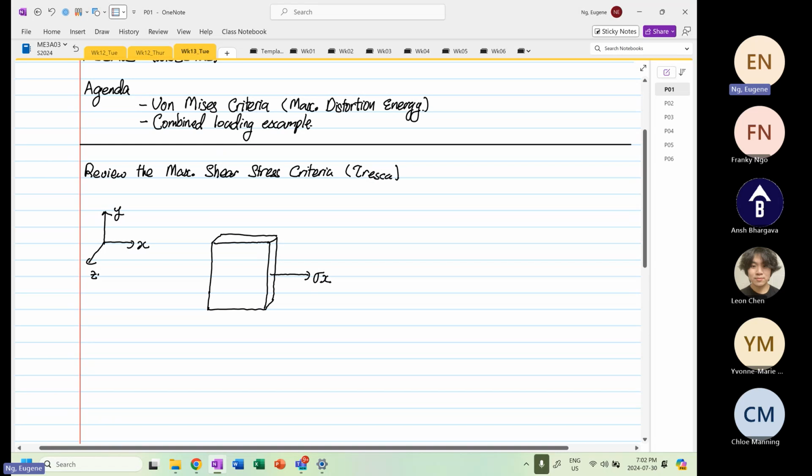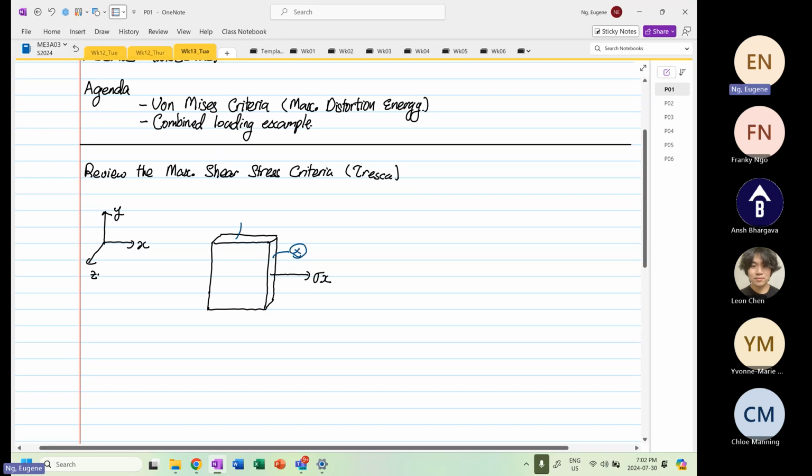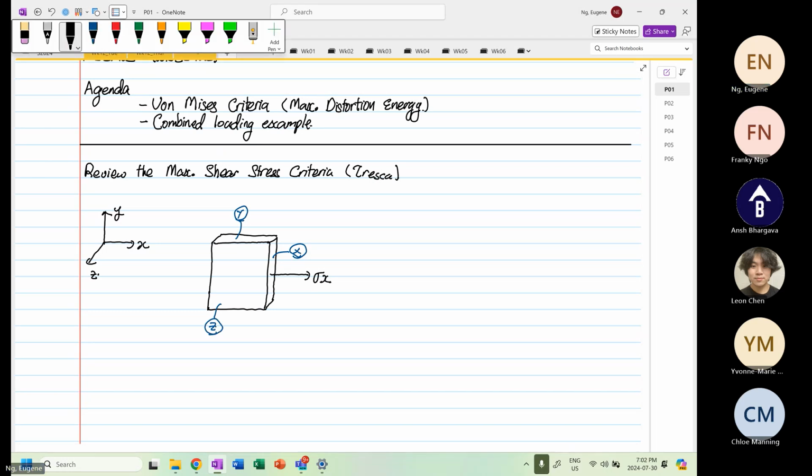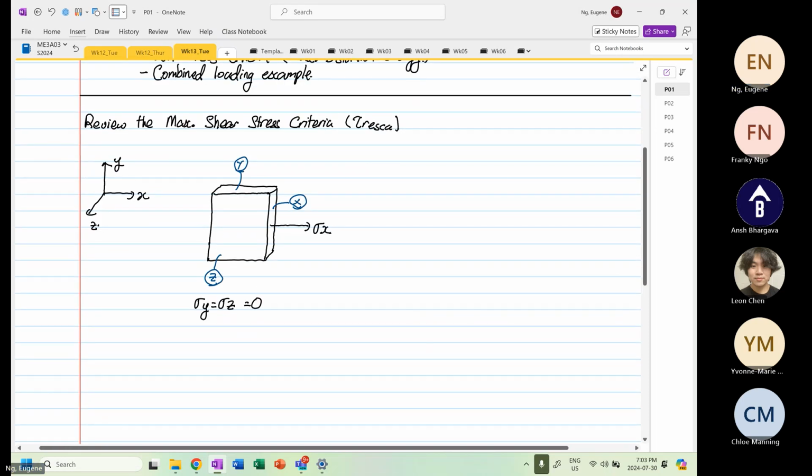And we will label this as our point X. This is our point Y, and this is our point Z. And on the element that I just sketched, we know that stress Y is equal to normal stress Z is equal to 0. And we know all the shear components are all equal to 0.